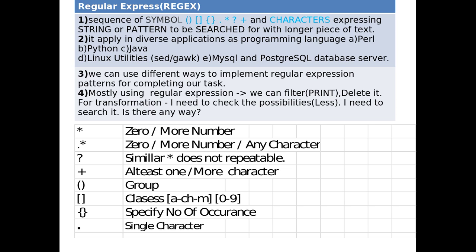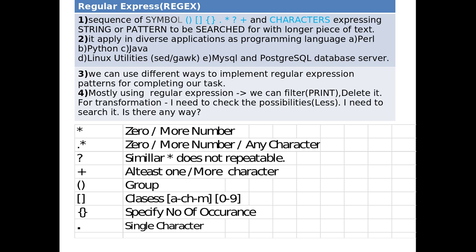Another important thing: this regular expression seems a little harder in the early stages, but we need to understand it very clearly, because we get the benefit not only in shell script, but in Perl, Python, and a lot of programming languages and interpreters. So we have to understand it very clearly.